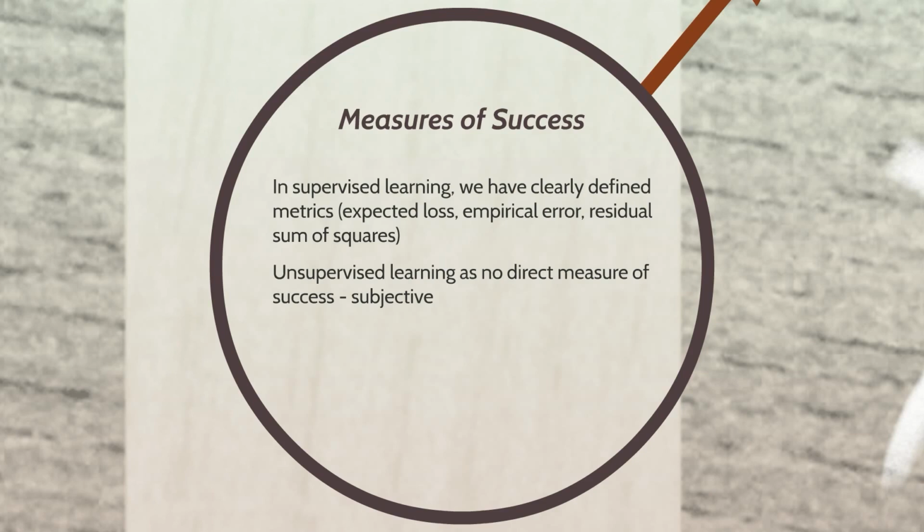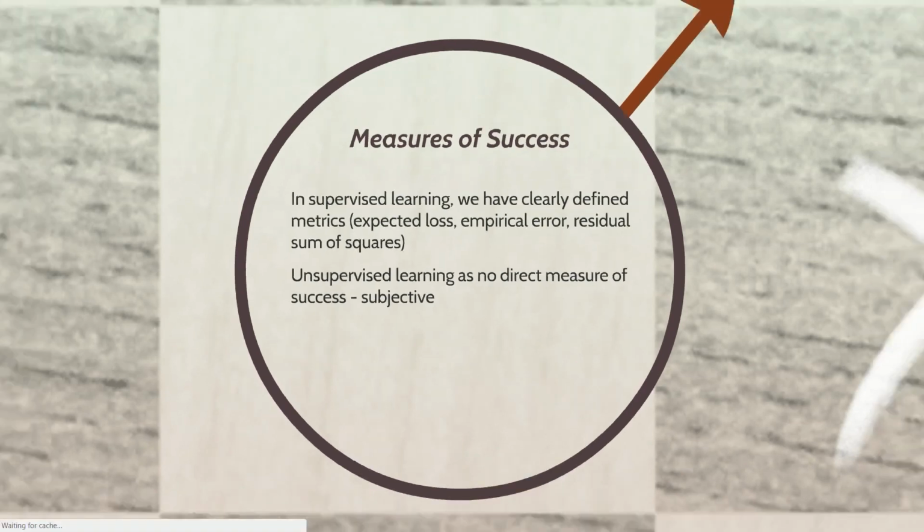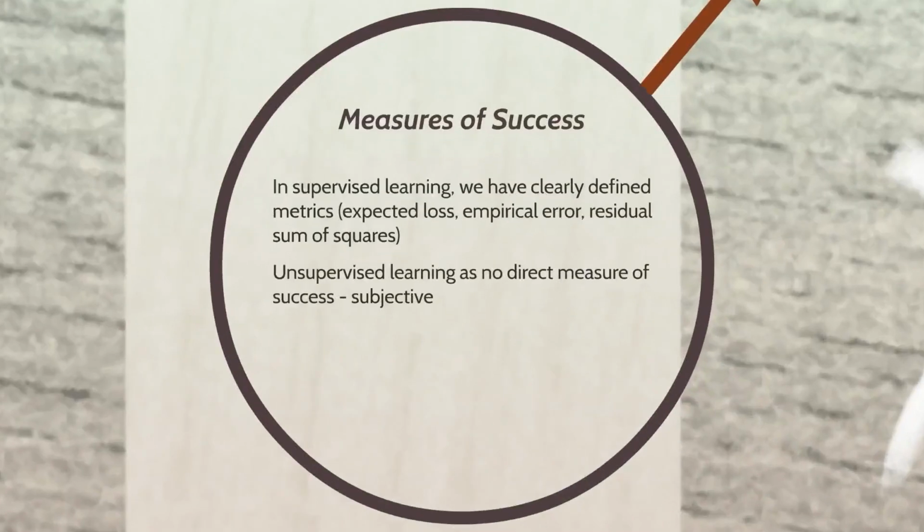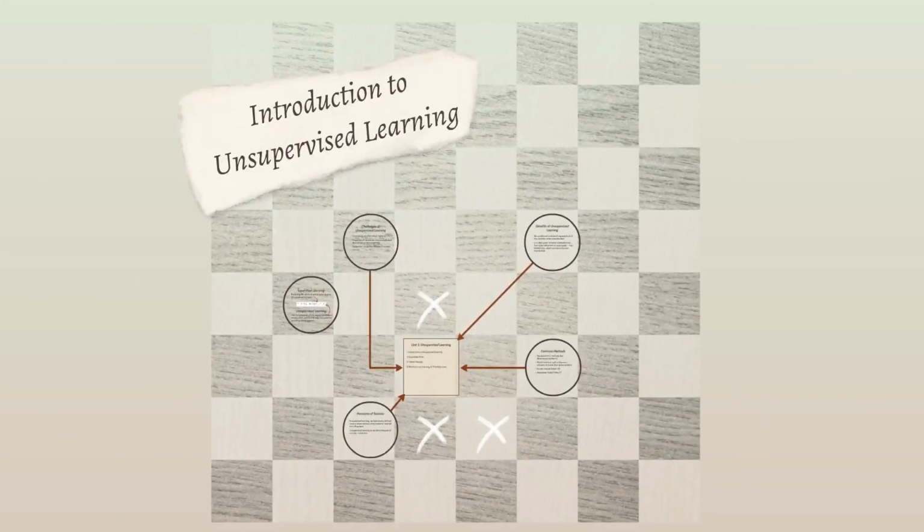However, in unsupervised learning, there isn't that clear direct measure of success. We'll talk about later in k-means clustering how we can use something such as Euclidean distance to produce a measure of similarity or dissimilarity. However, that is going to vary depending on the methods that we employ. So it's important to keep in mind that unsupervised learning doesn't have a clear measure of success.